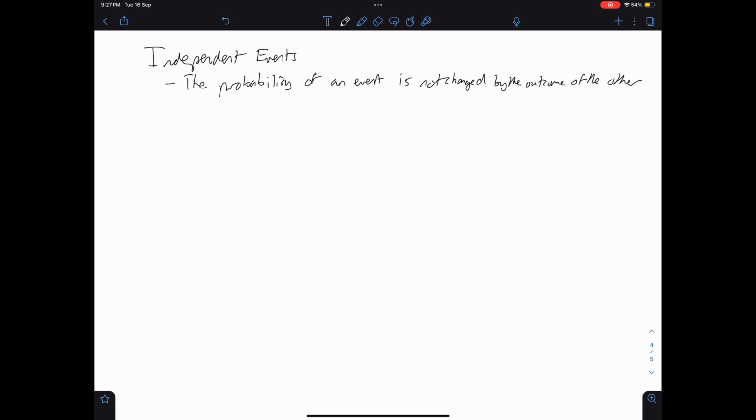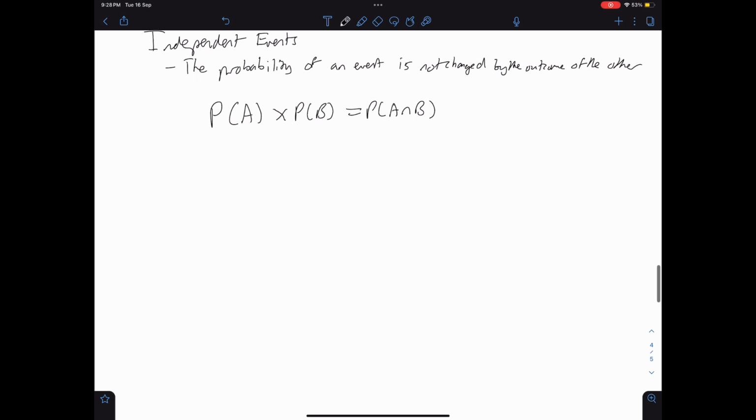And there is a rule for this. When we do conditional probability, we'll see a bit of a proof of the rule. But the rule is P of A times P of B equals P of A intersect B. I can show this in a bit of a tree diagram.